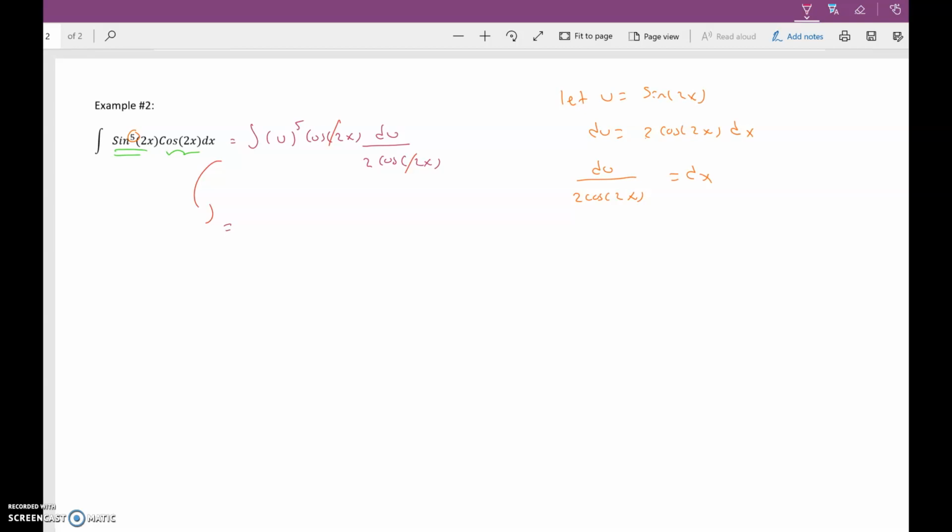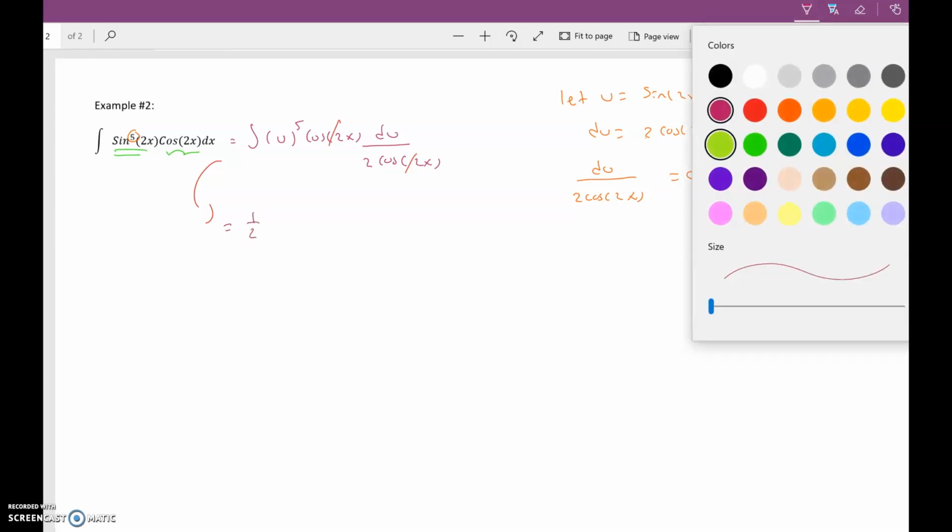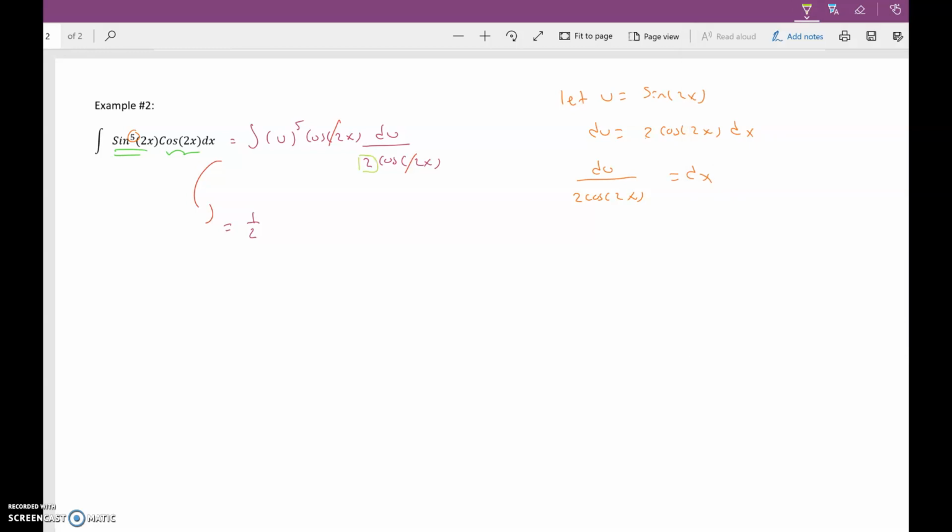In this case, I'm just going to extract the 2, and I'm talking about this 2, so we can express it with the value of a half.